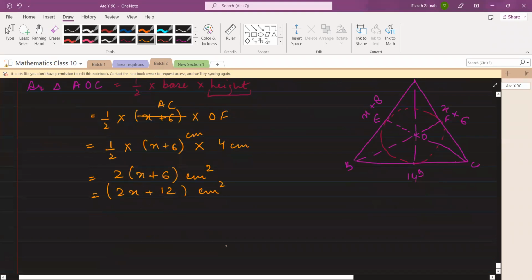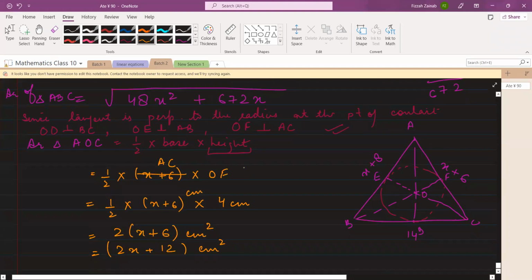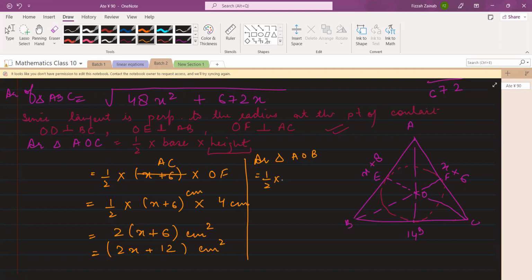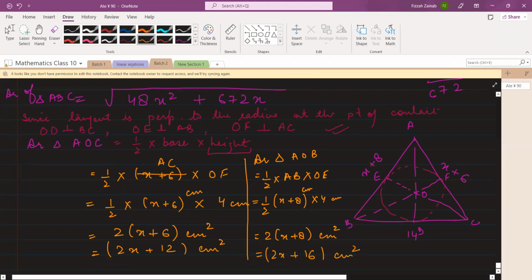Now come to triangle AOB. So area of triangle AOB is again half into base into height, which is AB into OE. So this is half, AB is x plus 8, OE is again 4 centimeter. So 2 cancel out, again 2 into x plus 8 centimeter square, 2x plus 16 centimeter square.